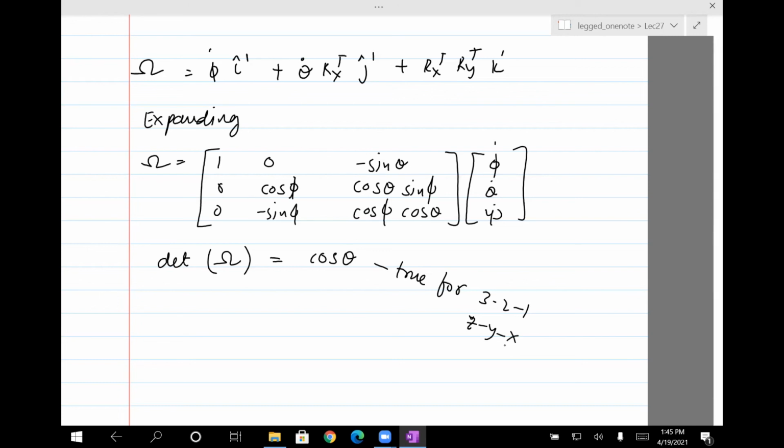So you need to be very mindful of the configuration at which you get a gimbal lock and use it accordingly. In this case, we don't have a problem with this notation for humanoids, but for a different notation, you might actually have a problem. You have to be careful of what you use. For example, if you get a gimbal lock at theta equals 0 or phi equals 0, then that can sometimes be problematic for humanoids. You want to avoid those notations.